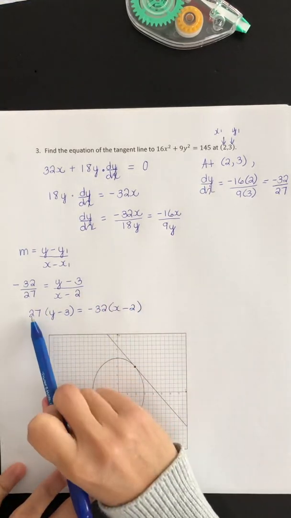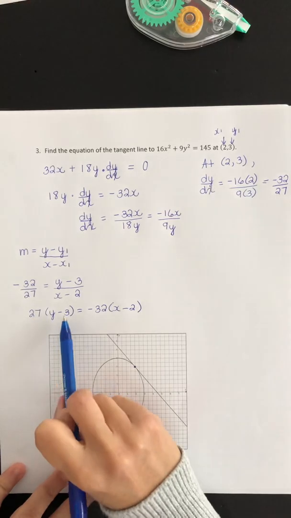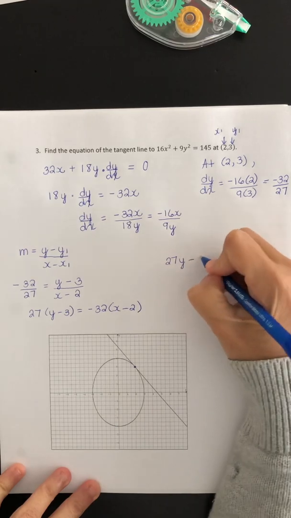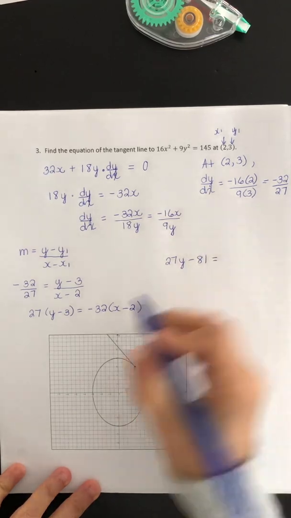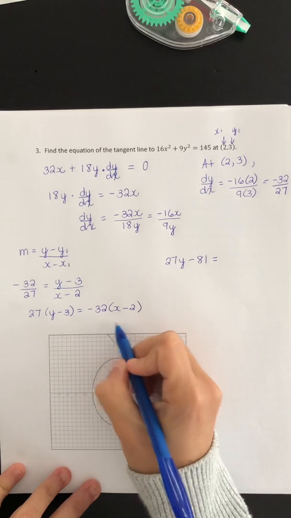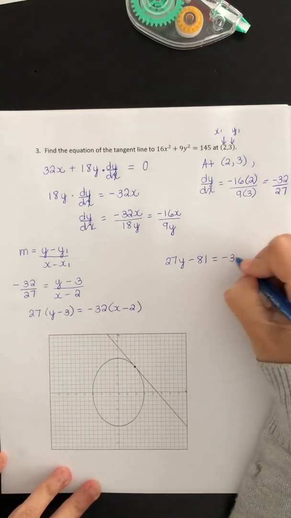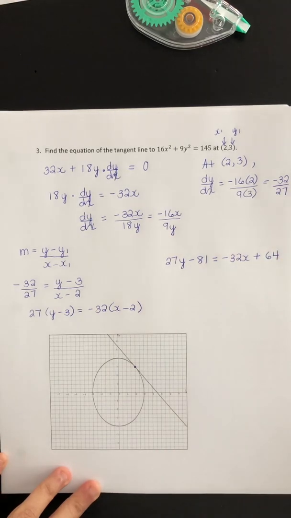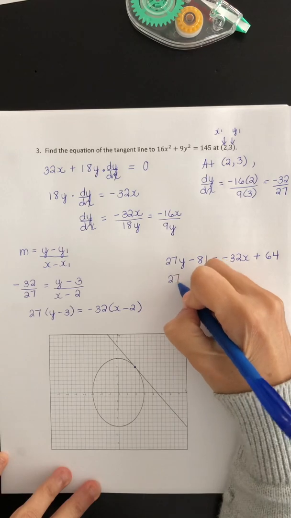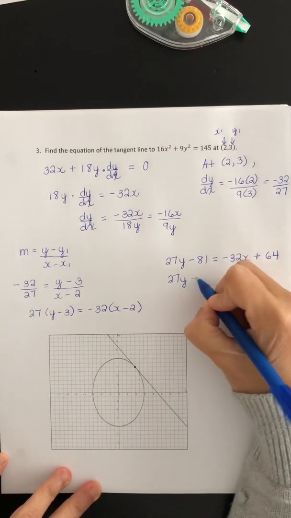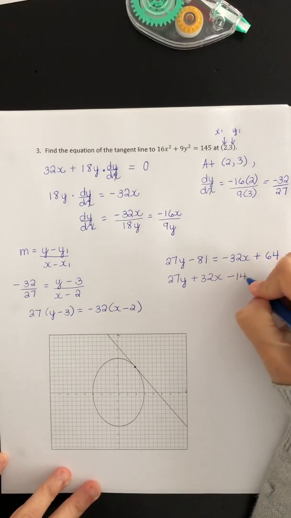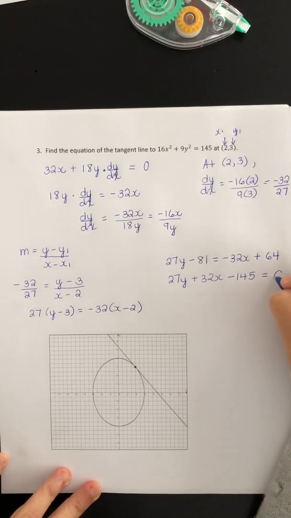So now we'll have 27y minus 81 equals negative 32x plus 64. And for general form, put everything onto that left side. 27y plus 32x minus 145 is equal to 0.